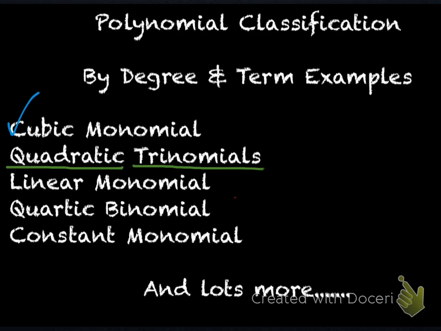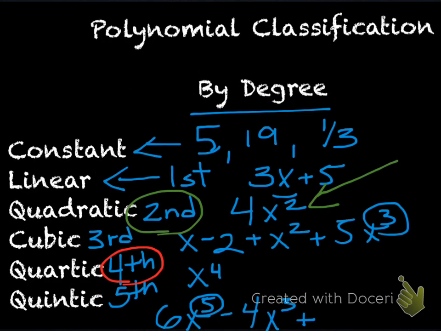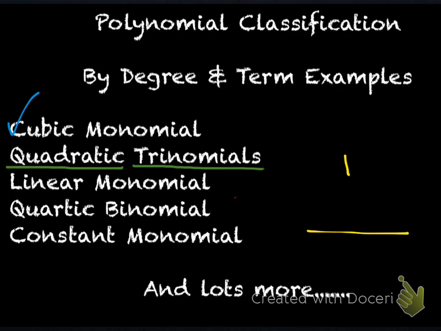All right, the last one. Constant monomial. A constant monomial. Monomial meaning only one term. Constant meaning, you want to go back? Oh, a number by itself. 1/8. Bet you didn't see that coming. 1/8. That's a constant monomial.